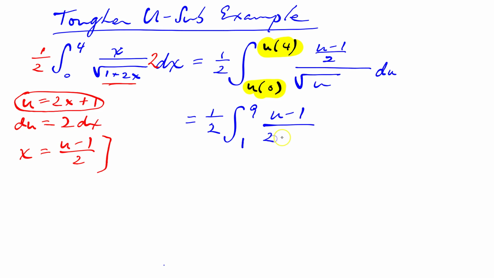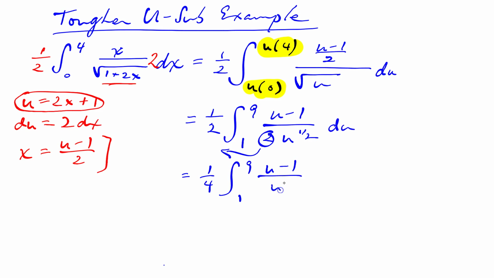And so it can be rewritten as this: u minus 1 divided by 2 times u to the 1/2 du. And then I'm going to go ahead and bring this 2 out front. So that gives me a 1/4 out front. The integral from 1 to 9, u minus 1 over u to the 1/2 du, like so.